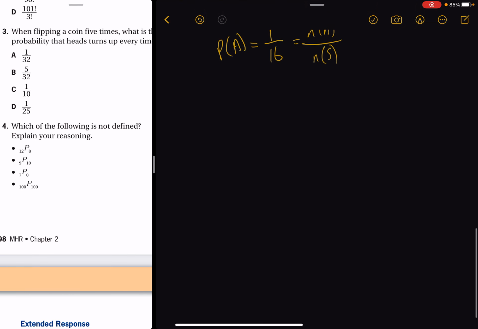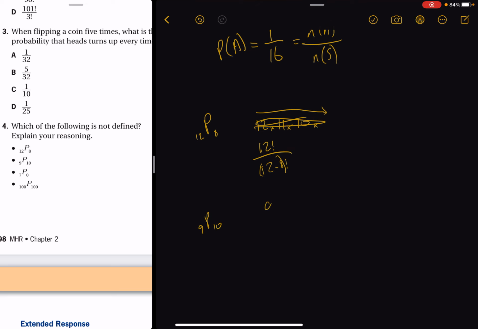Let's check this out. If I have P 12, choose 8, that's just saying 12 times 11 times 10 times, and 8 of these, or 12 factorial over 12 minus 8 factorial. Seems right. P 9, choose 10.